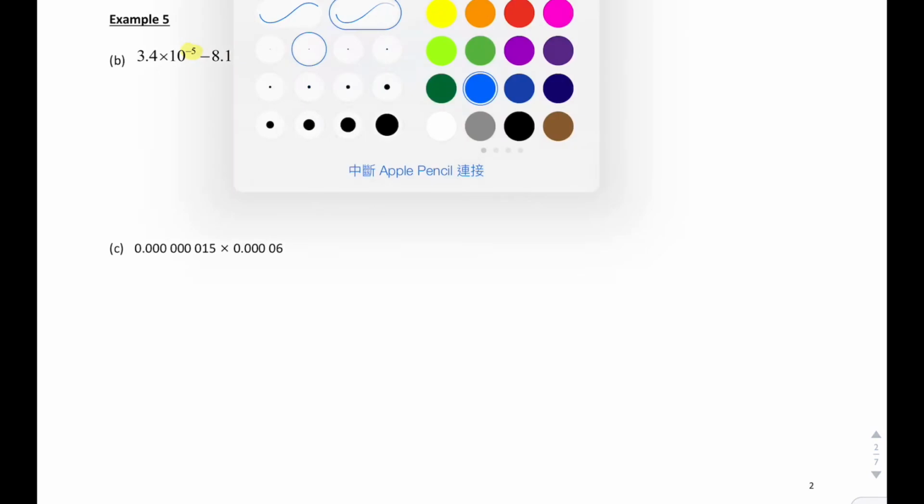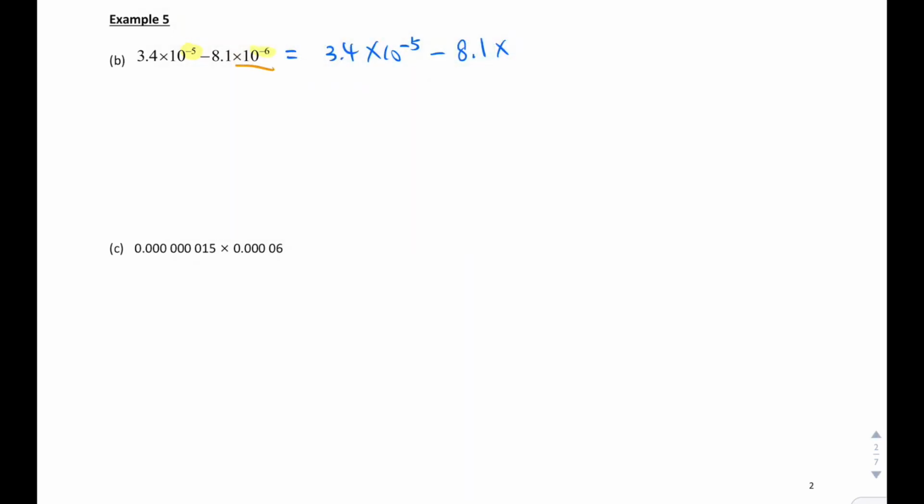First, for 3.4 times 10 to the power of -5, we just copy. And then for 10 to the power of -6, we rewrite as 10 to the power of -5 plus -1. So you can rewrite as 8.1 times 10 to the power of -5 times 10 to the power of -1.